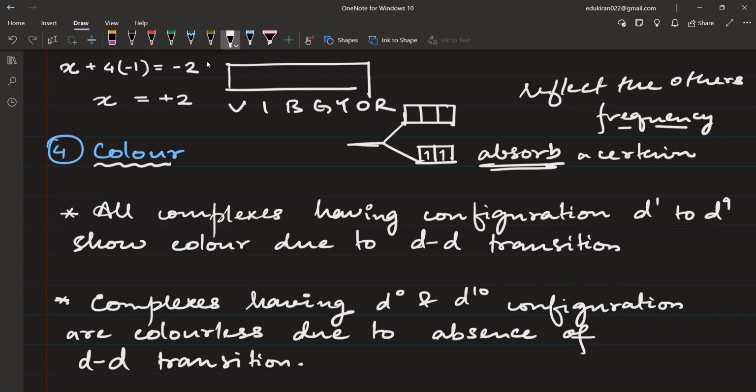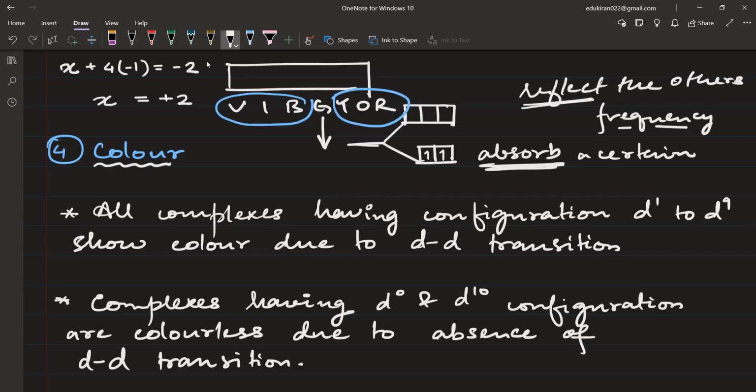Now, my particular metal, or the salt of my metal, is taking all the violet, indigo, blue, yellow, orange, and green. All of these it is absorbing for the excitation of the electron. So what will be reflected back? Green will be reflected back, and then you are going to see the green color. All of you got it? How can we see color? From white light, certain frequencies are absorbed and the remaining frequencies are reflected, and whatever the combination of those remaining frequencies is, that is the color of a particular compound, or whatever color you are seeing.